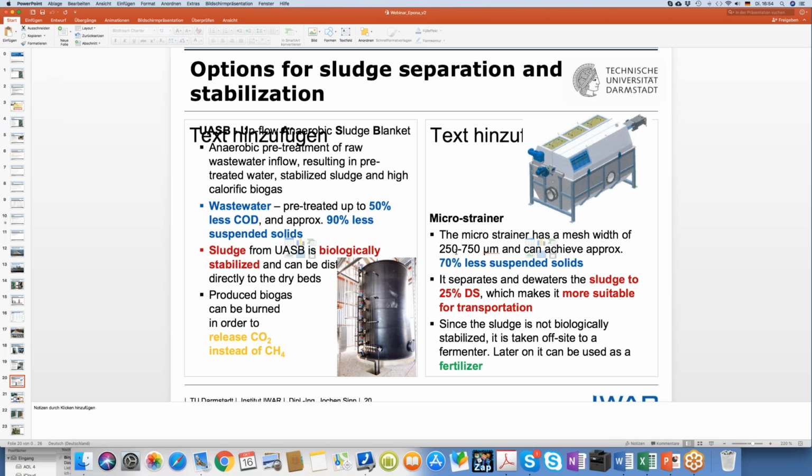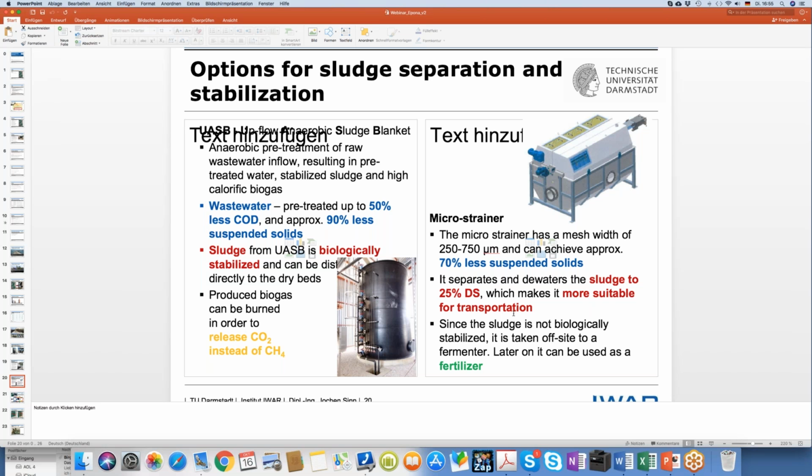If we look at the microstrainer, it has different mesh sizes we can use. We start with 350 micrometer and want to try out how it works. And it separates and dewaters the sludge and makes it more suitable for transportation.